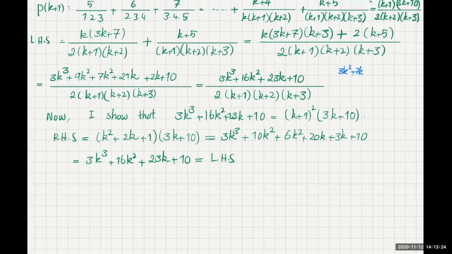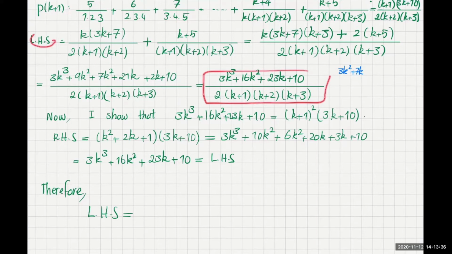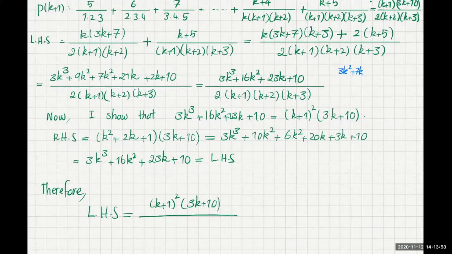Okay, therefore, you see, I reached this point, I started from the left-hand side, I calculated all the way around, I reached here. Then I showed that this expression itself is equal to this. So I would say, therefore, the left-hand side is k plus 1 to power 2, 3k plus 10, divided by 2, k plus 1, k plus 2, k plus 3, and then you see that this k plus 1 and one of these are gone.